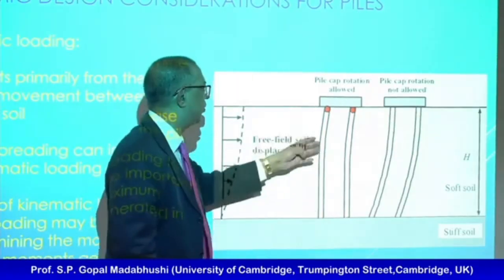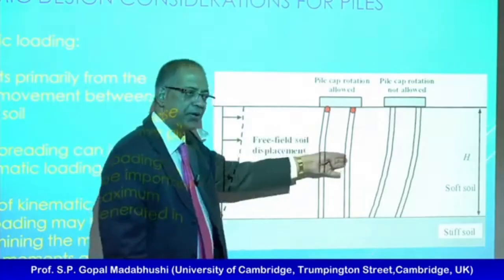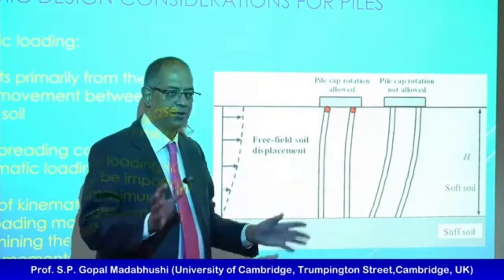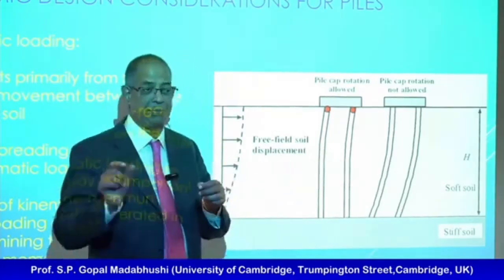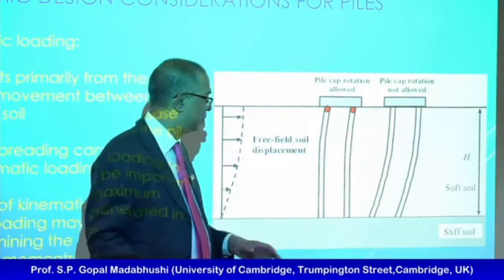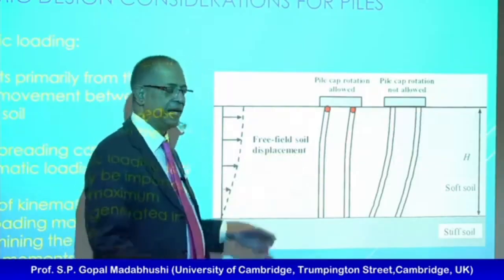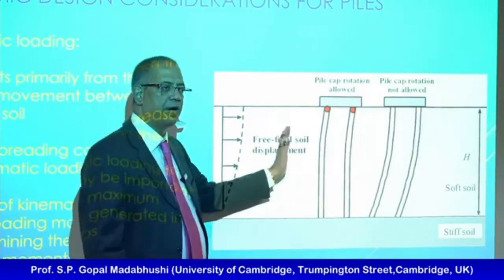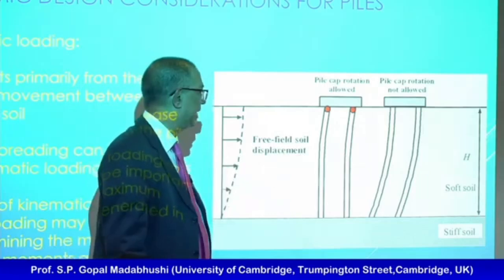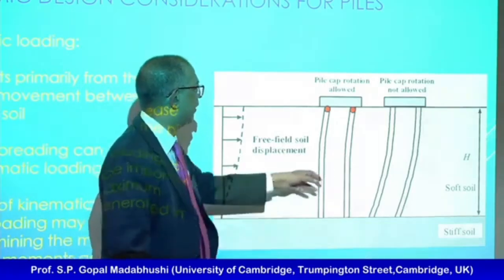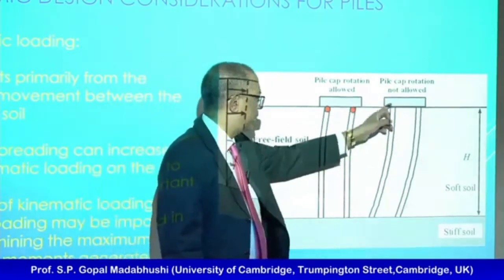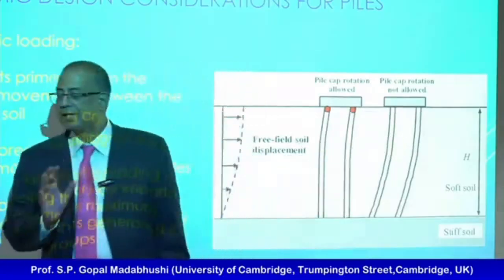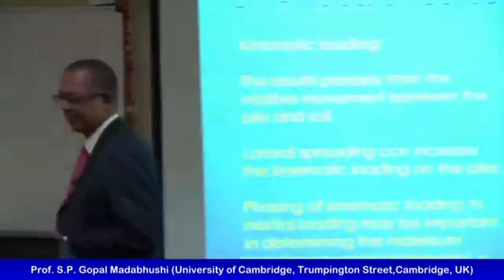Again, the kinematic load may be more on the front pile compared to the back pile and all kinds of funny things. It also depends on the pile spacing, and there's a lot of research we have done and other people have done to see what is the load difference between front pile and the back pile, and so on. Again, if the pile cap rotation is not allowed, you will get a totally different failure mechanism.